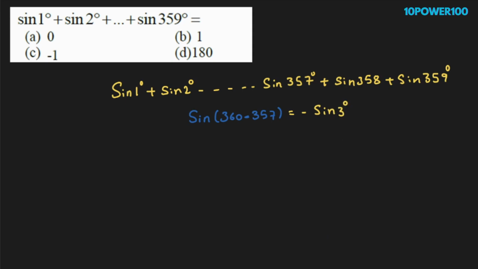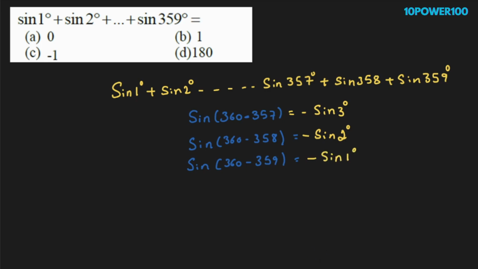Now the second one, sine 358 can be taken as sine of 360 minus 358, we get minus sine 2 degree. And the last one, sine of 360 minus 359 degree is equal to minus sine of 1 degree.